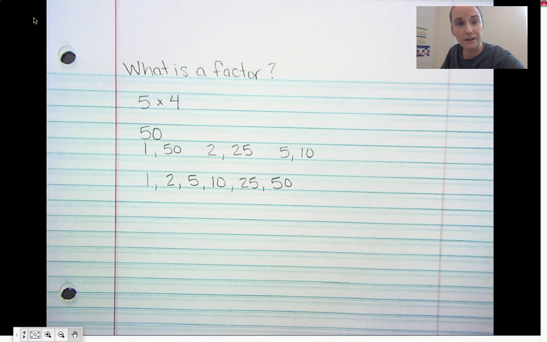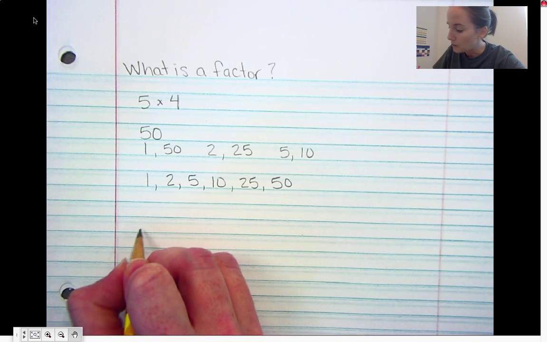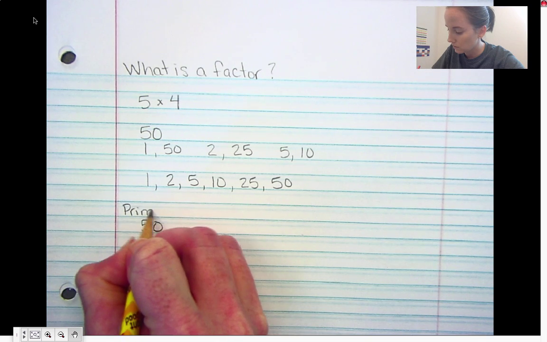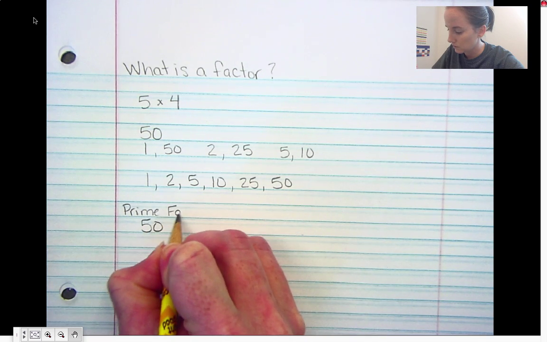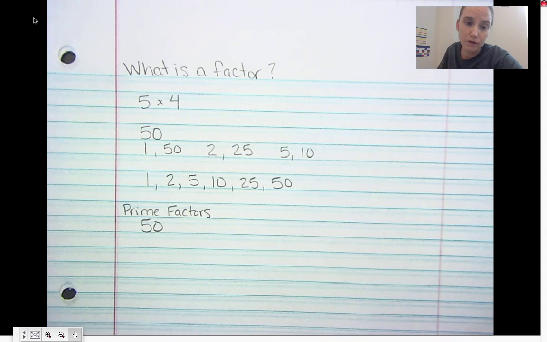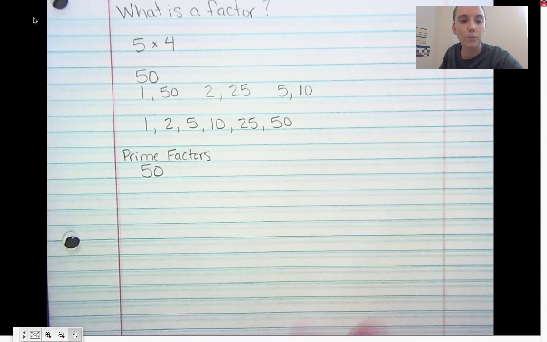You can also find prime factors. The way to find prime factors is to do a tree diagram. Remember, prime means the number only has factors of 1 and itself.